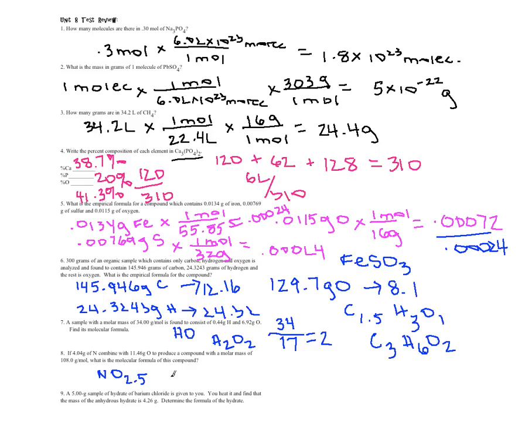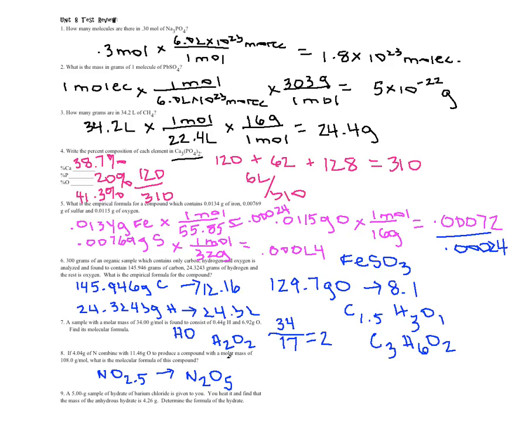If you can't get that, come in to me and I can help you. Okay, so once you get that, since that's 2.5, what you should realize is that you can't keep it like that. So instead you need to multiply the whole thing by 2, so you end up with N2O5. That's still your empirical formula though, right? You can't reduce that, so therefore it's still your empirical formula.